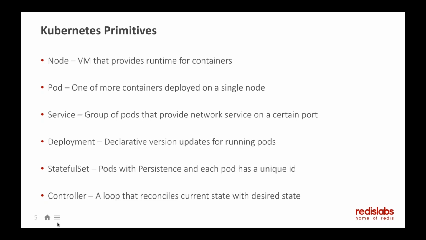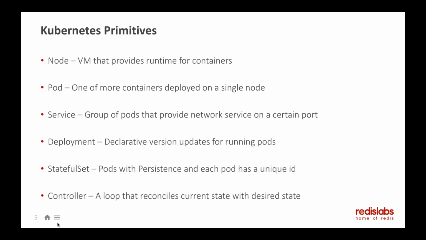Another important primitive that we should talk about is the controller. Like the name suggests, it controls things for you, and that could be your service or your deployment or your stateful set. There are many types of controllers in the Kubernetes ecosystem.